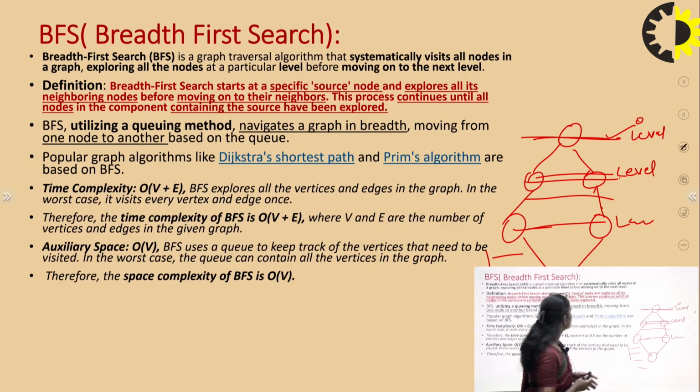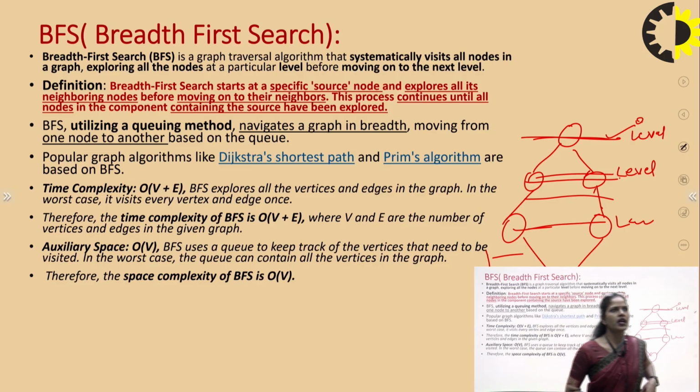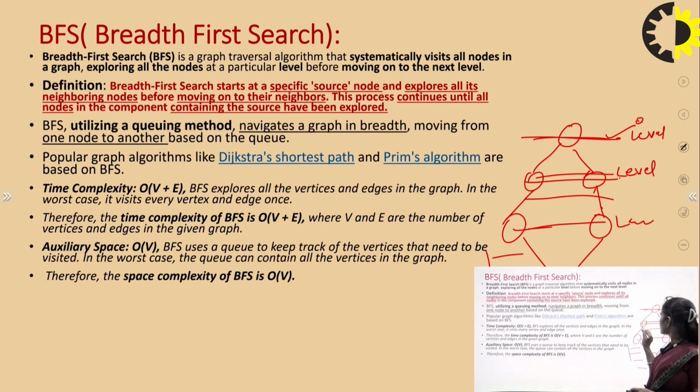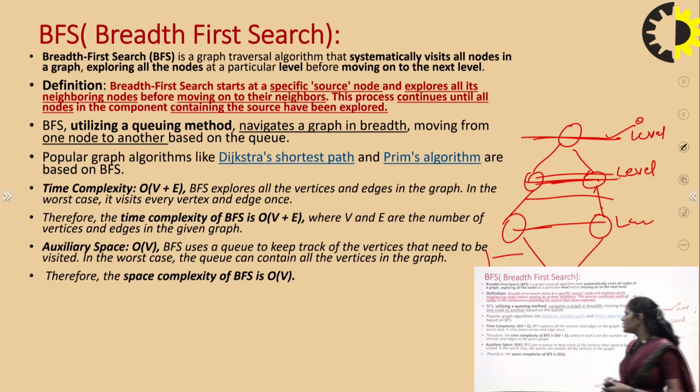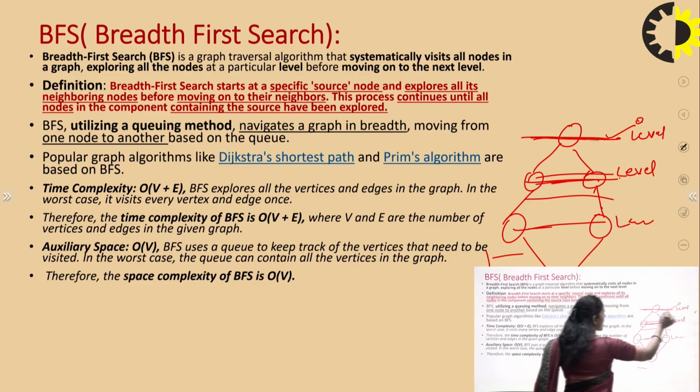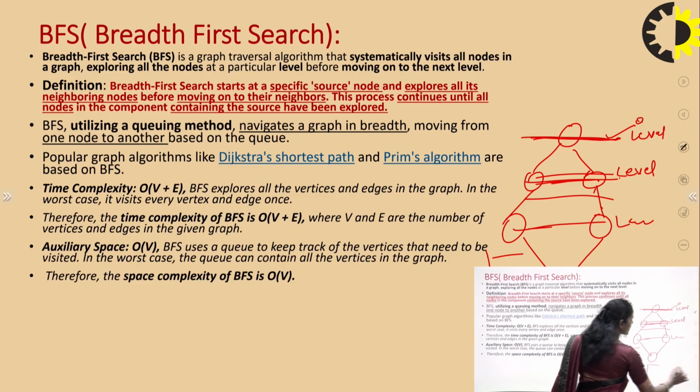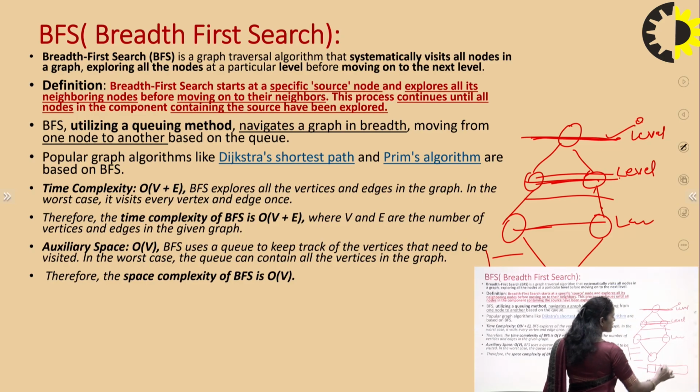So BFS works level by level, and that means we visit all the neighbors, you can say the adjacent sibling nodes, right? BFS utilizes a queuing method. For this implementation, we are organizing a data structure, and this data structure is a queue, because we are working horizontally.